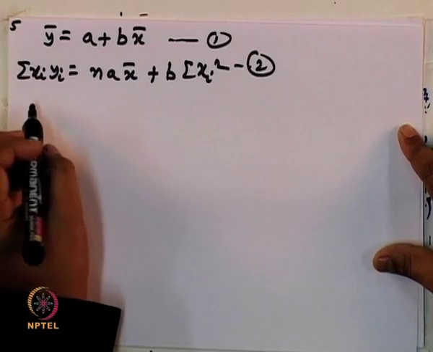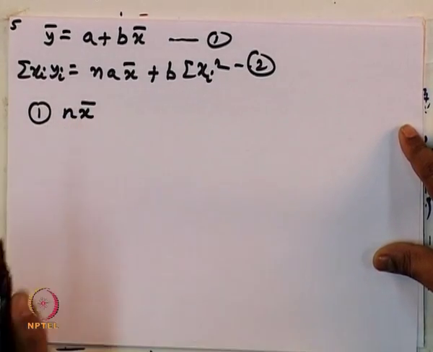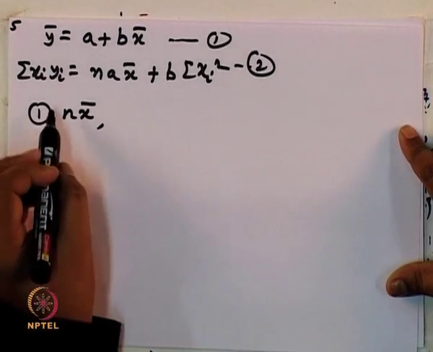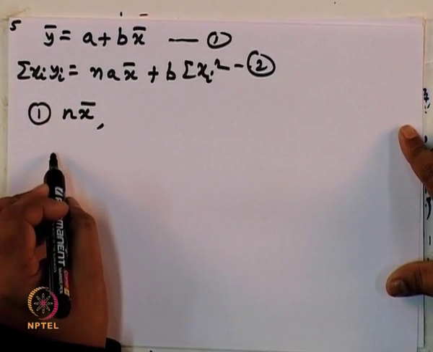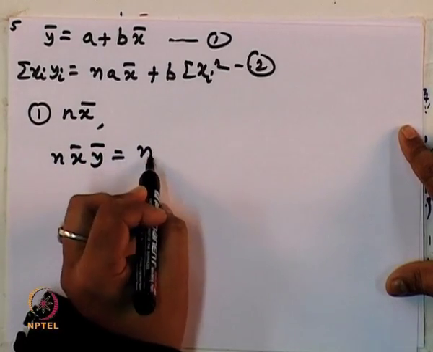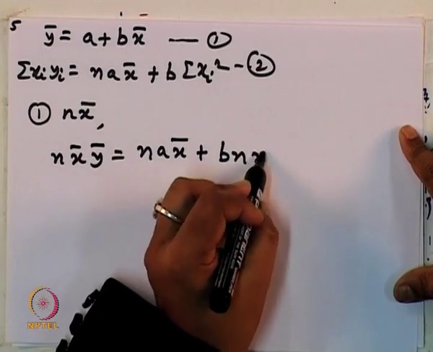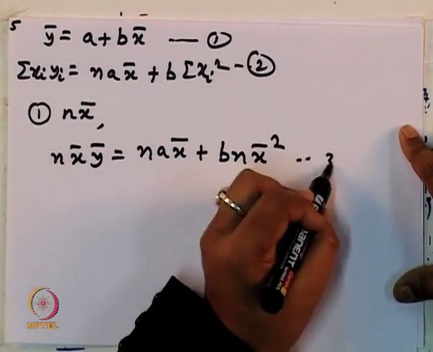So, I can multiply first equation by n x bar and let us see what we get. Okay. So, I have n x bar y bar is equal to n a x bar plus b n x bar square. So, let us say this is equation 3.